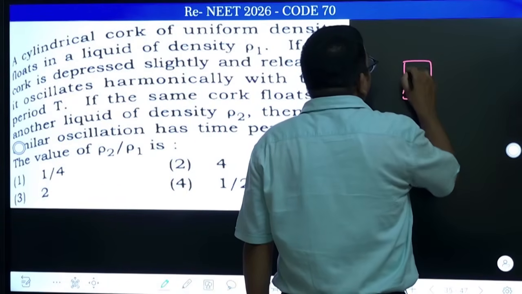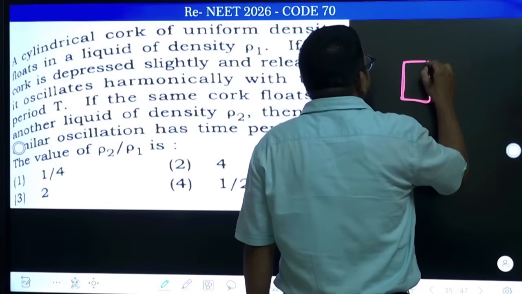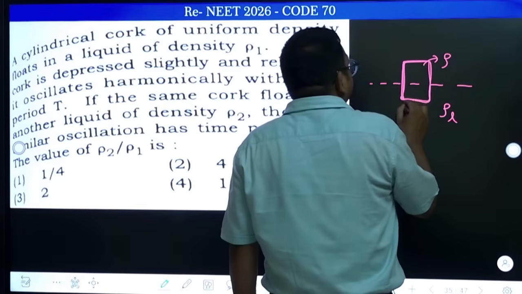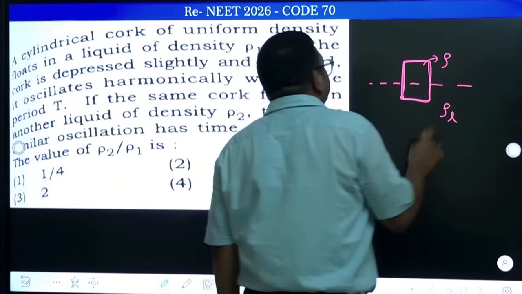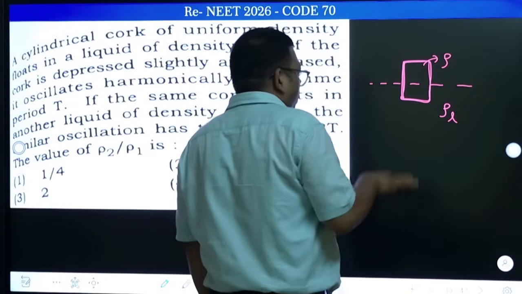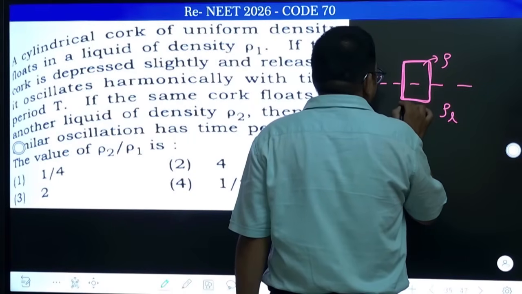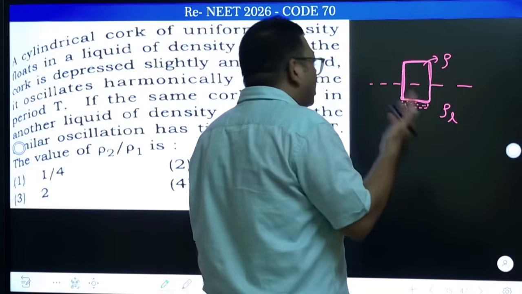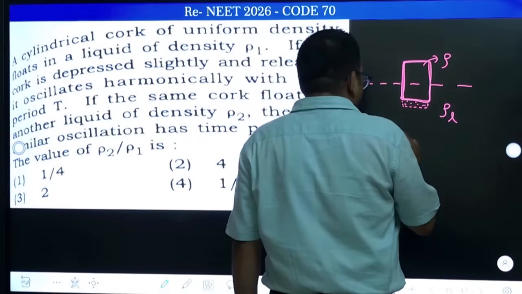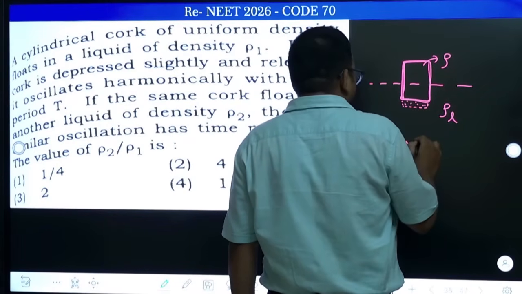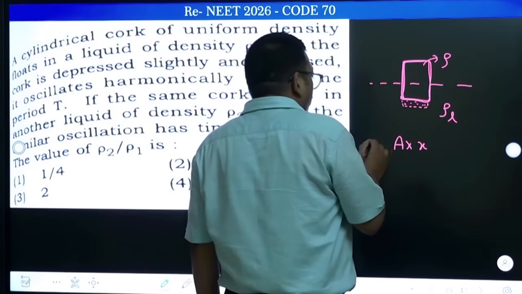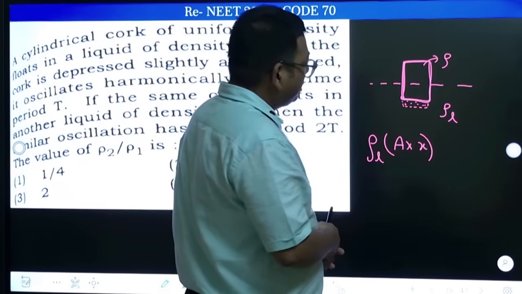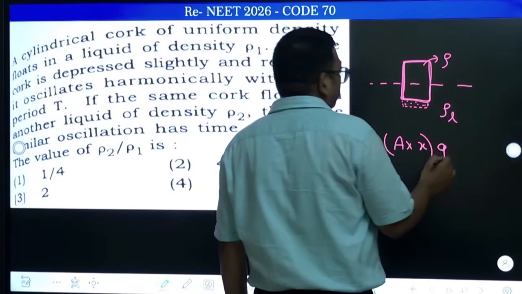Suppose this is a cork, or any object, with density, let us say, rho, and the liquid has its own density, and it is floating. If you press it, there will be extra volume submerged. This extra volume will apply a net upward force. Suppose the area is A and you have pressed x; this extra volume times density of liquid times g is the net force.